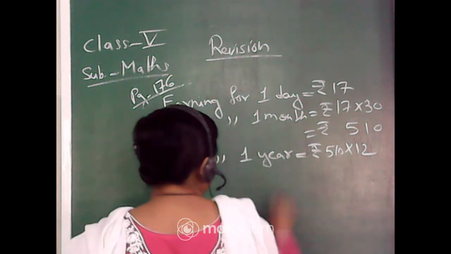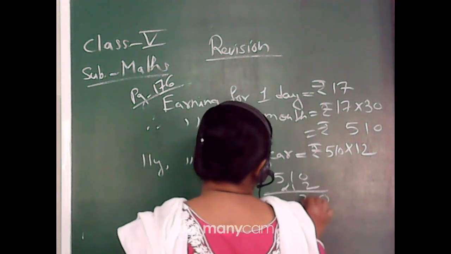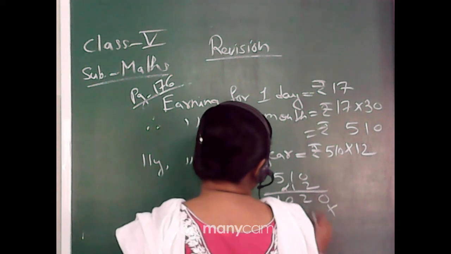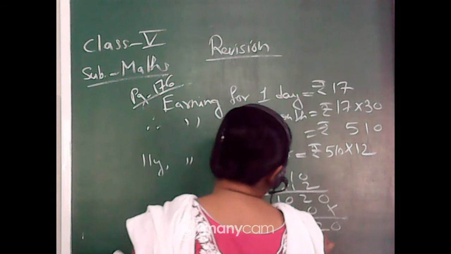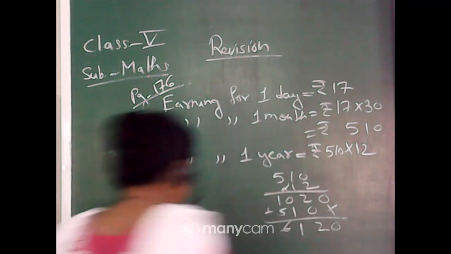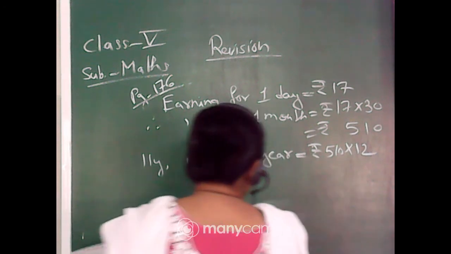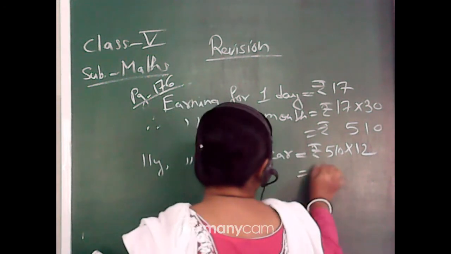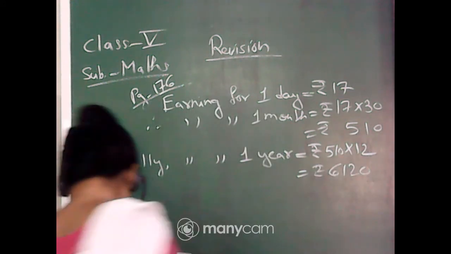Let us multiply. 2 fives are 10, then 1 zeros are 0, 1, 5. Addition 0, 2, 1 and 6. That is 6120. So after multiplication you are getting the answer rupees 6120.